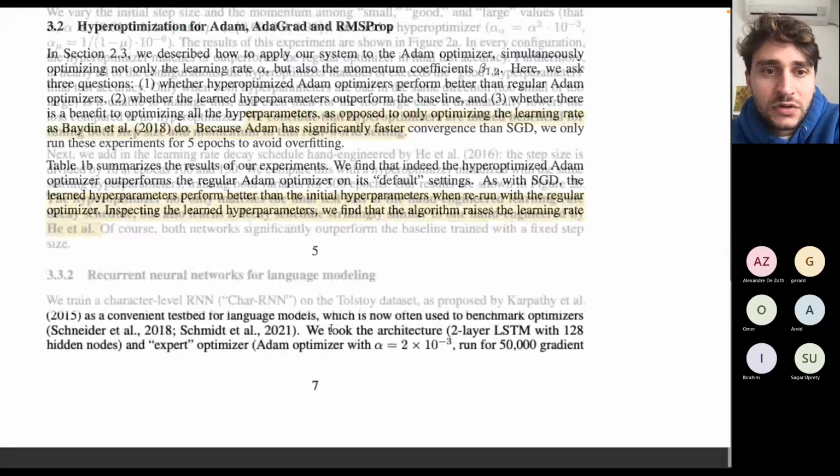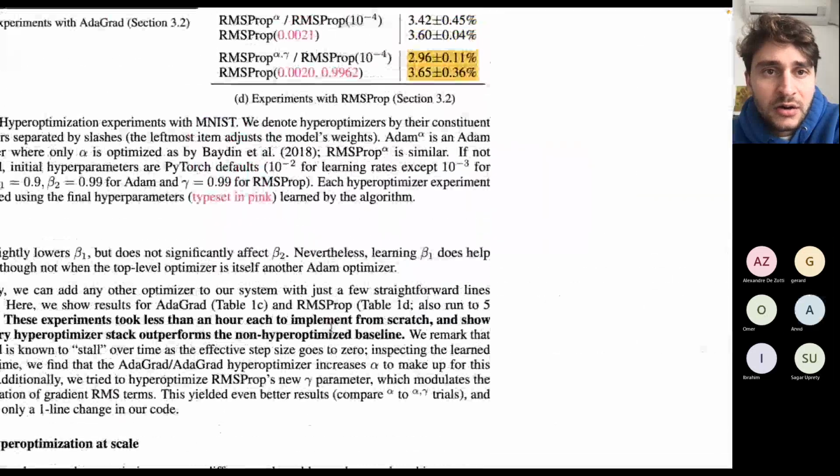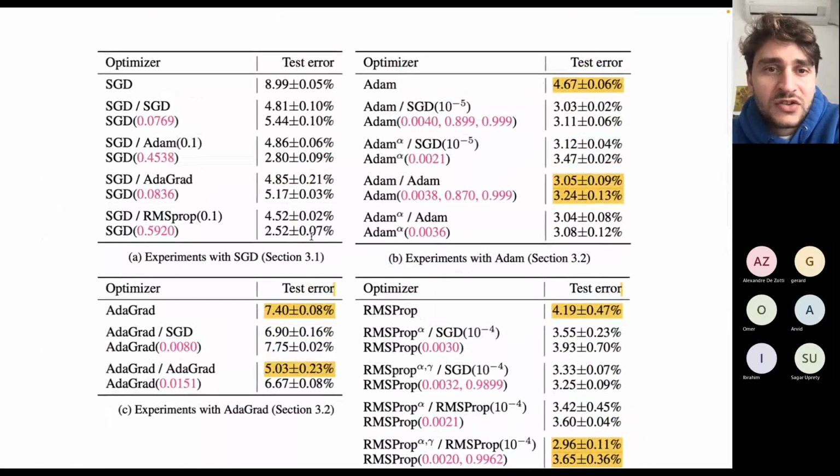So if we look at the results, I think these are the most powerful results in the paper. This is their SGD with an alpha of 0.01, and they get an error of 9% with a standard deviation of 0.05.